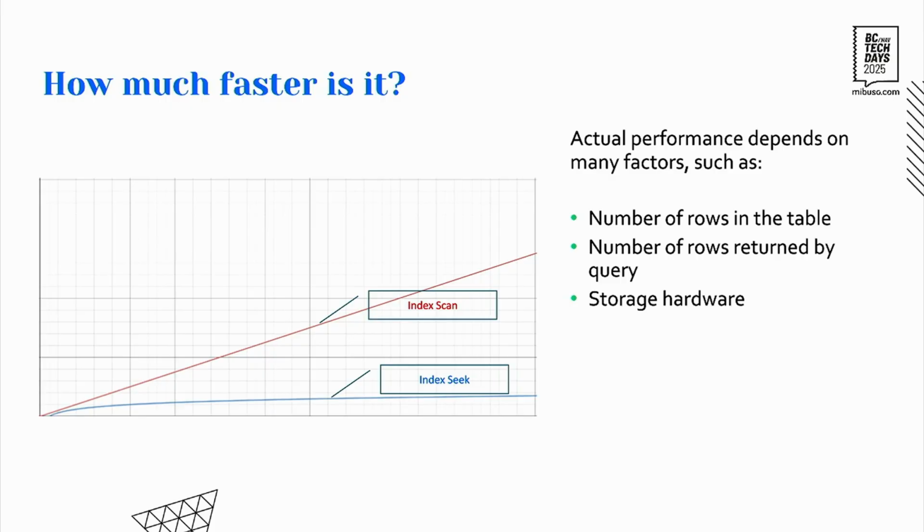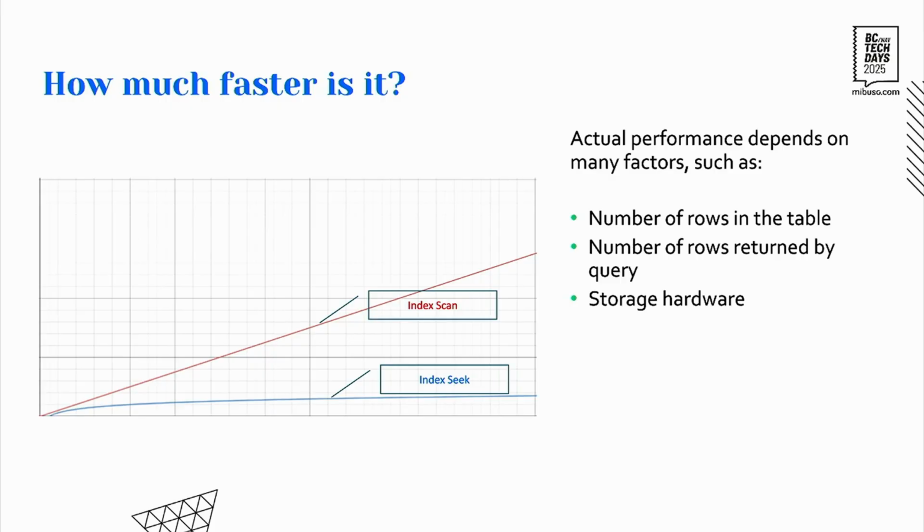And then obviously, not only the number of rows in the table play a role, but also how many rows the query actually returns, and also the distribution of values. So there are many factors, which brings us to our leading word in this session: it depends a little bit, so you need to try. Storage hardware and probably a bunch of other factors as well.